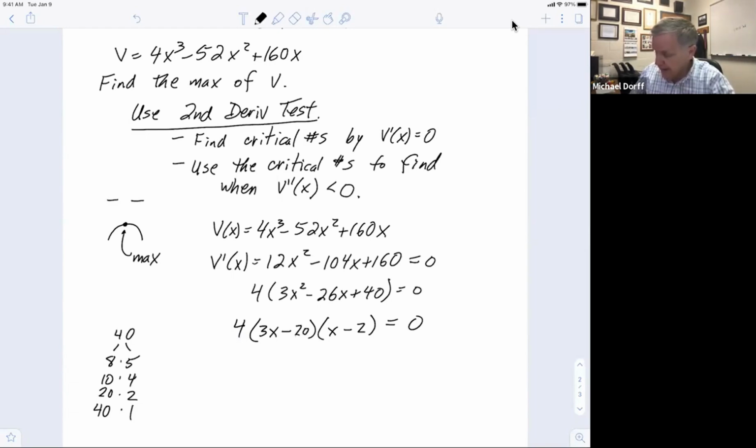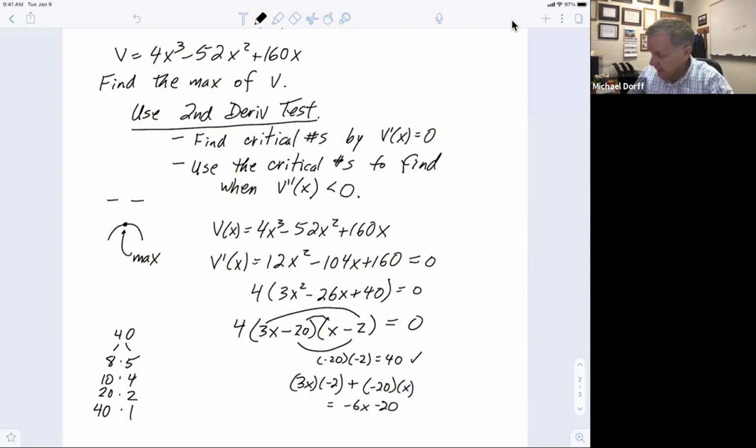Negative 20 times negative 2 is going to give me plus 40. So that's a check. And my middle term is going to be 3x times negative 2 plus negative 20 times x, which is negative 6x minus 20x. That's going to give me minus 26x.